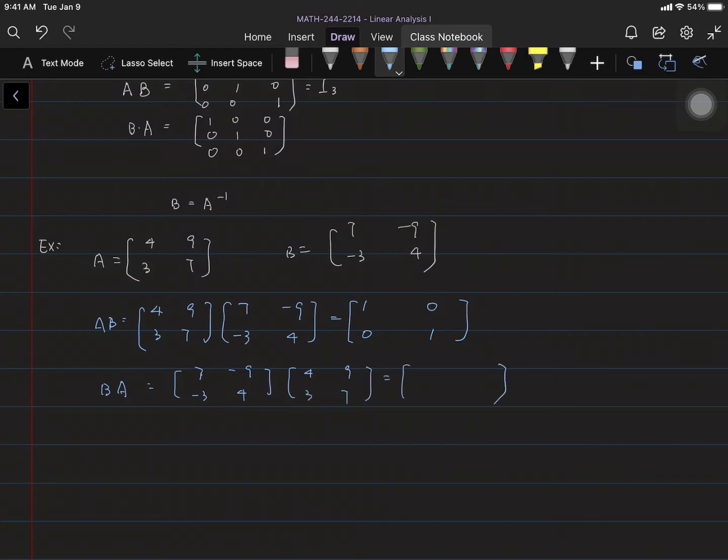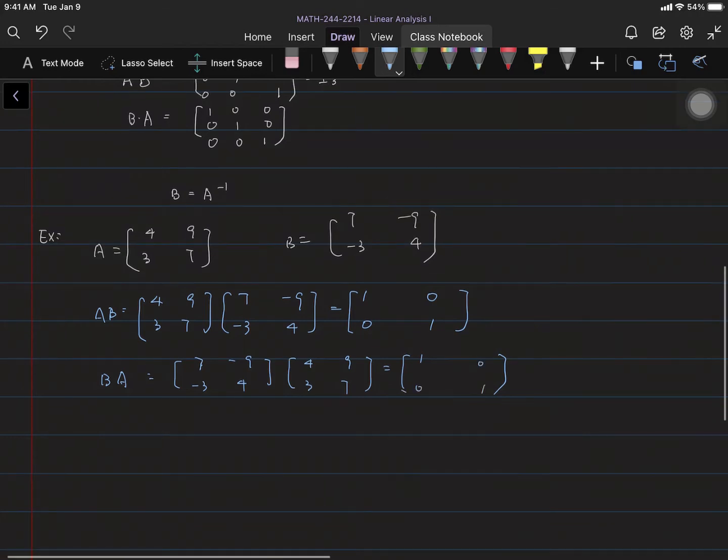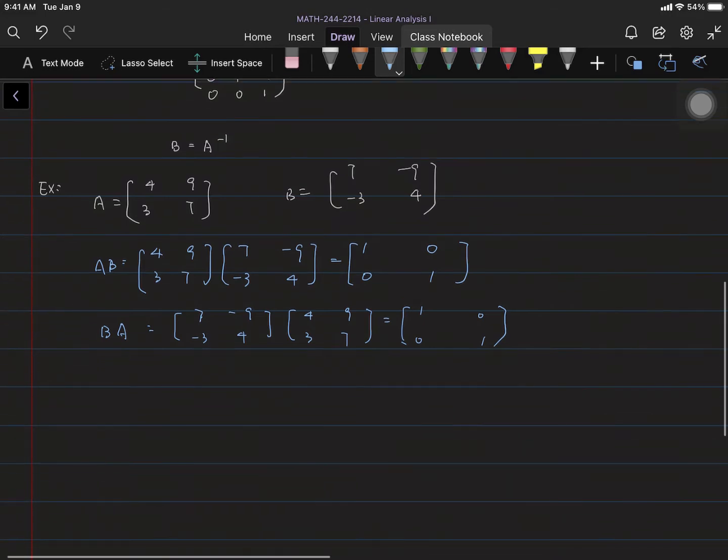Let's just try. The diagonal is going to be 1. Second row, second column, 1. So in this case, they are inverses of each other.